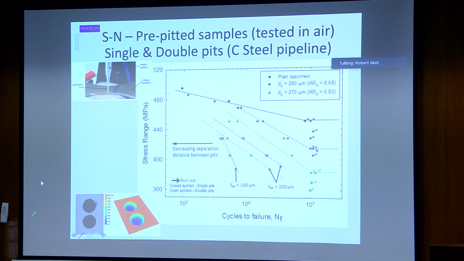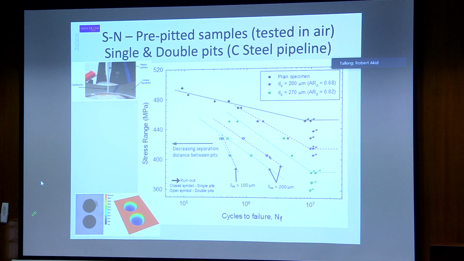If we introduce the pit, in this case the blue dots are at a 200 micron deep pit, we see that we get a reduction in the fatigue life and the fatigue strength. And if we increase the geometry, the depth of the pit, we find a further decrease in fatigue life and fatigue strength.